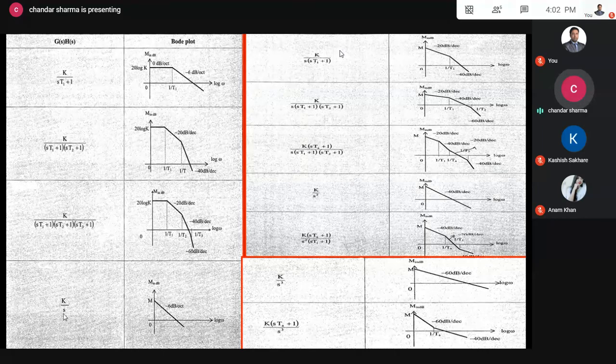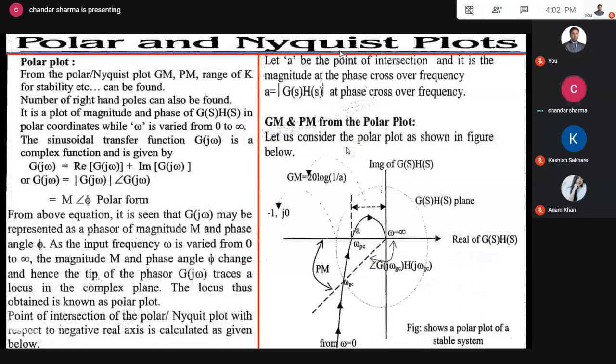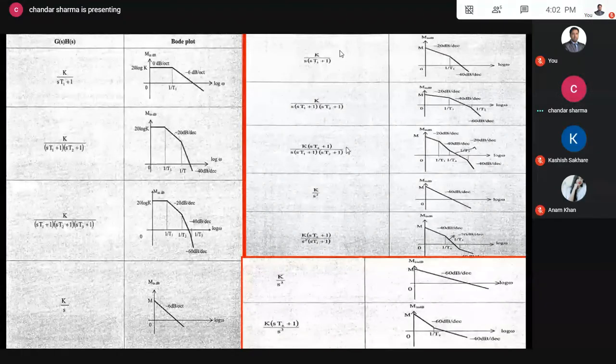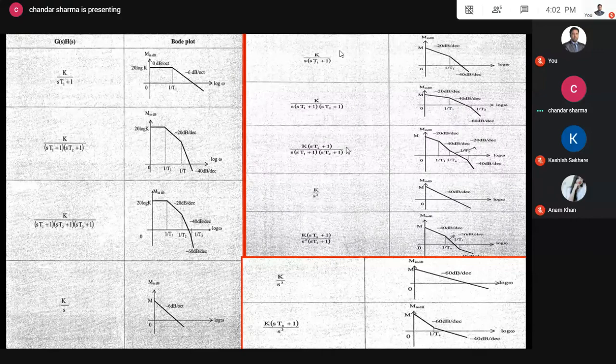For type 0, order 1, you can see. For type 1, order 2. For type 1, order 3. This is the various Bode plot for various transfer functions or various G(s)H(s).